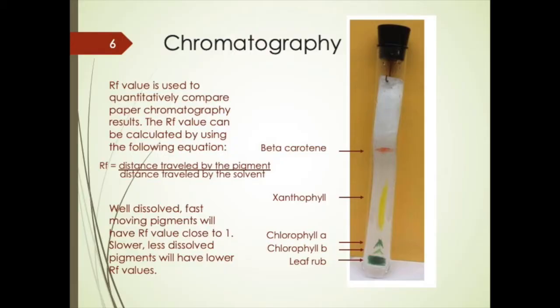RF value is used to quantitatively compare paper chromatography results. An RFV, or RF value, is the distance traveled by the pigment over the distance traveled by the solvent. And in your assignment paper, I give you all of the numbers that we have in this chromatography strip.